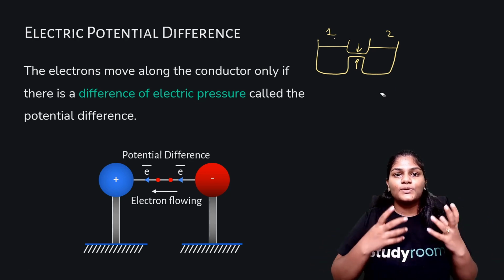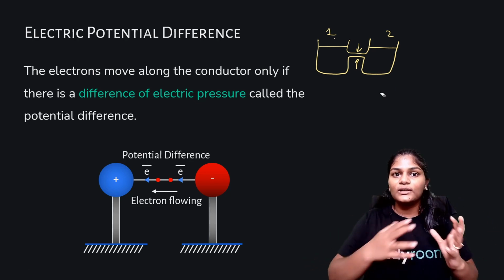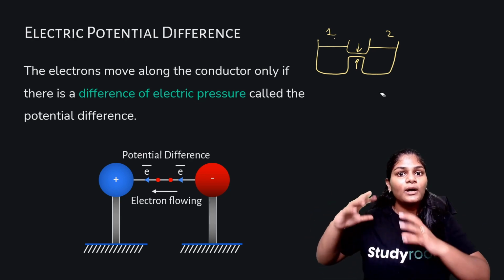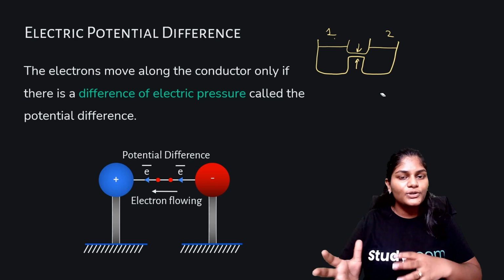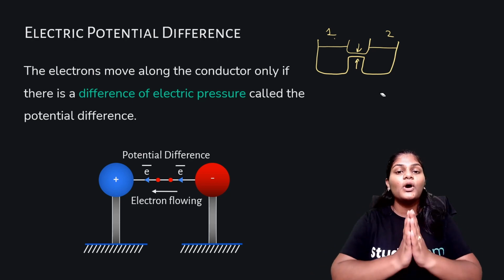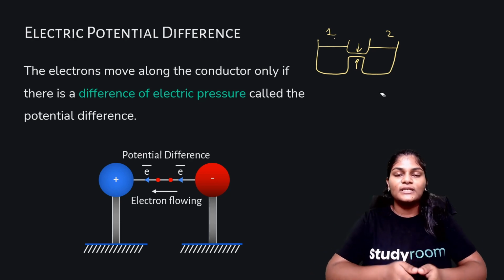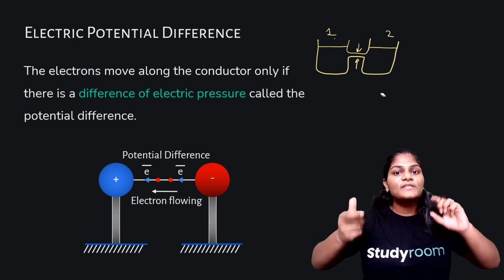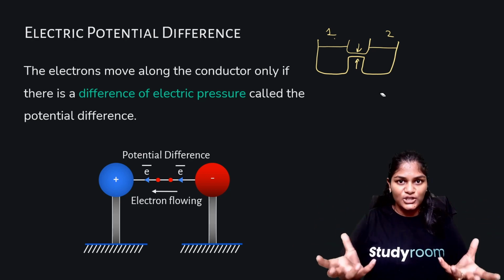Similarly, if you have learned in geography the concept of currents or wind, wind always flows from a hotter region to a colder region or colder to hotter, whatever you studied. So the concept I'm trying to tell you is that anything will flow only when there is a difference of some quantity between the two regions, right?